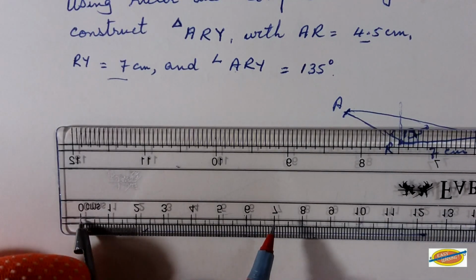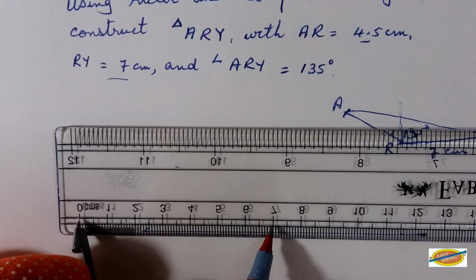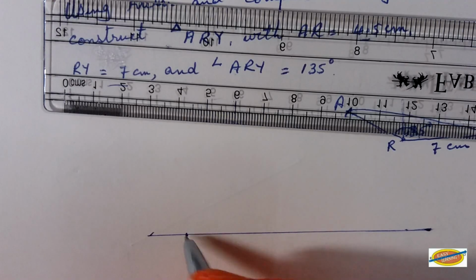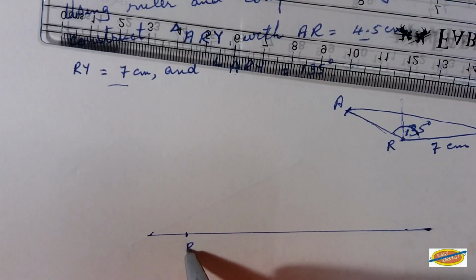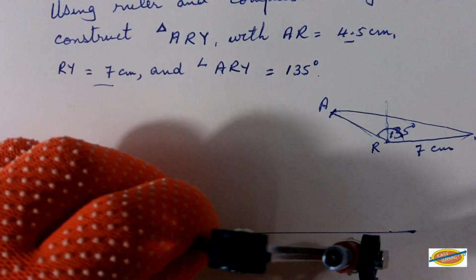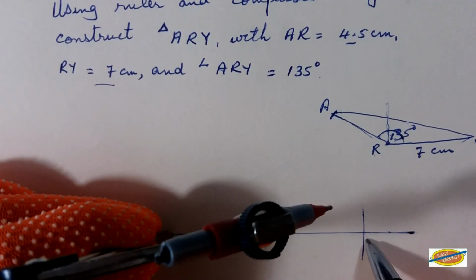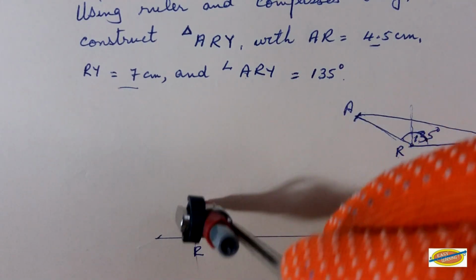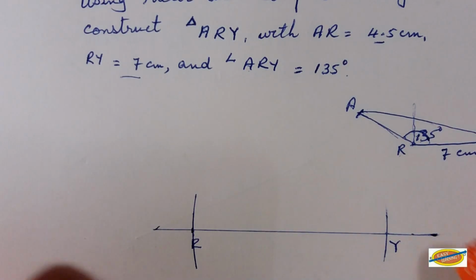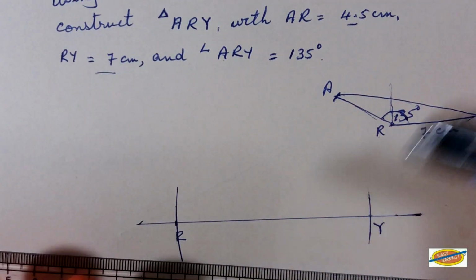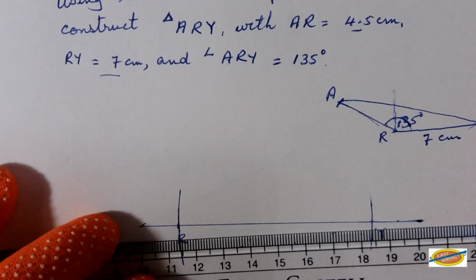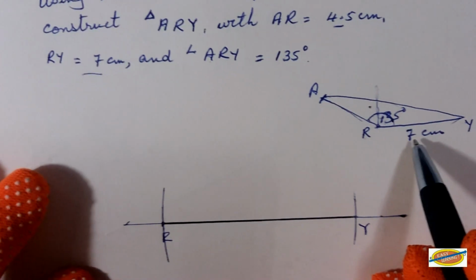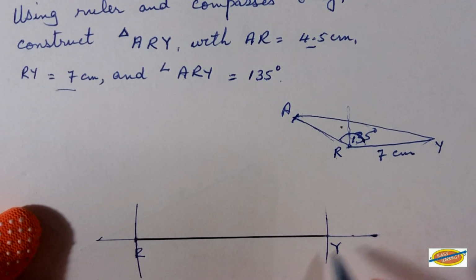So carefully measure 7 centimeters, beginning at a point here, which we will call R. Make an arc like that, which will be Y. From Y, make an arc like that. Bold this piece of the line. That's RY, and it is 7 centimeters.